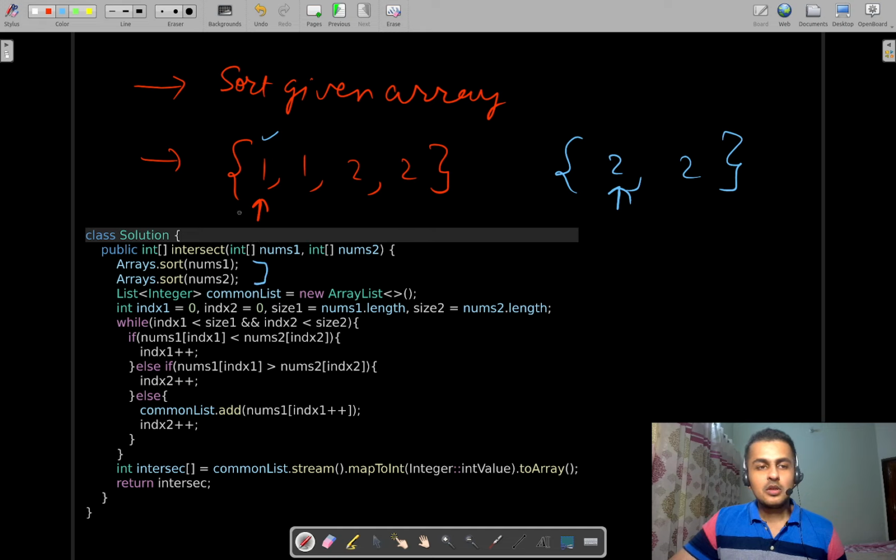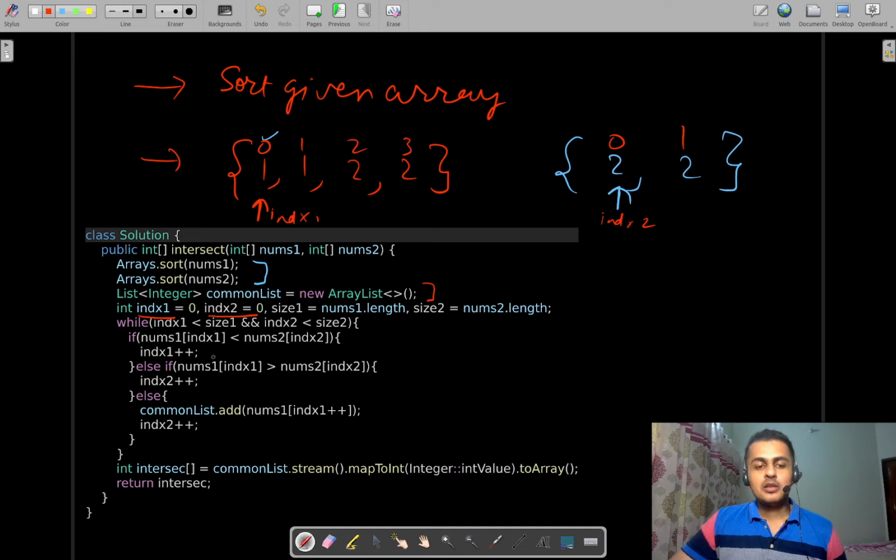Then after sorting the arrays, we initiated a common list that will be storing our common elements, and then we initiated two pointers, which are index 1 and index 2, pointing to the indices of these arrays.